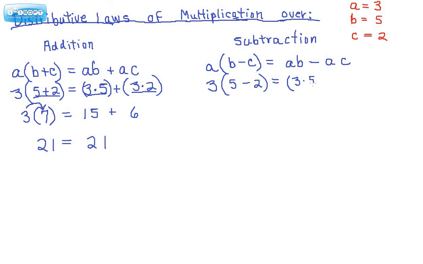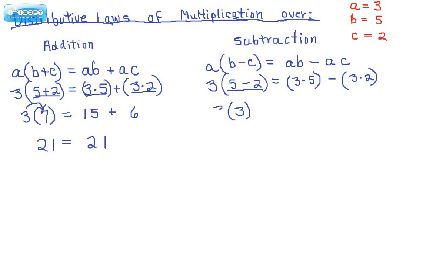And we would multiply this together first before we subtract. A times C is AC, so we have 3 times 2. So on the left side of this equation, I'm going to first subtract 5 minus 2, and I get 3.